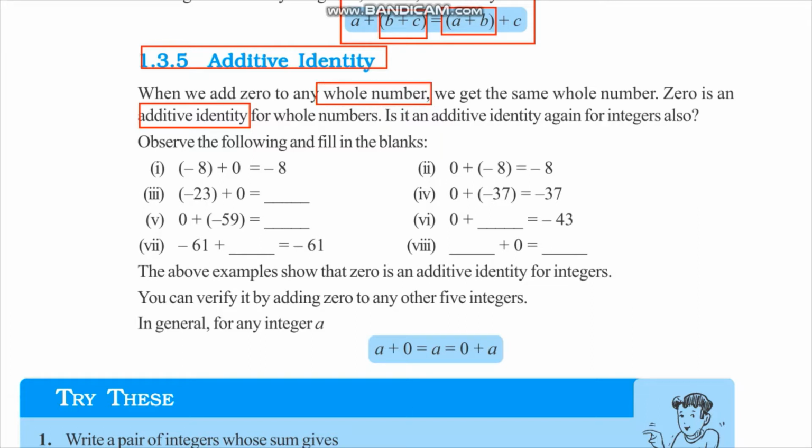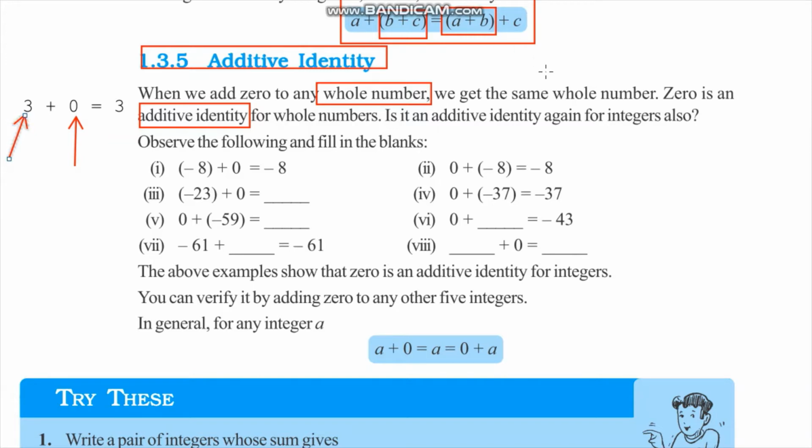For example, you take 3. 3 is a whole number. You add 0 to it and you will get the same whole number, that is 3. In this case, we say that 0 is the additive identity for the set of whole numbers. This means that under addition, 0 preserves the identity of the whole number that it is being added to.